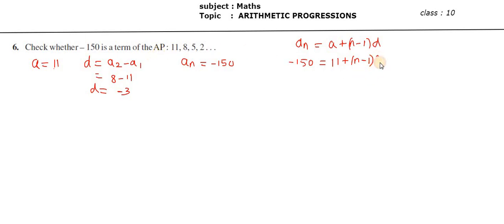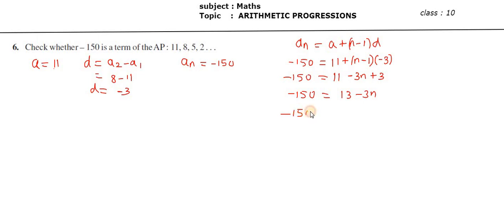Okay, now you have minus 3. So you have minus 150, which is equal to 11 minus 3N plus 3. So minus 150 is equal to 13 minus 3N, and transfer this side.